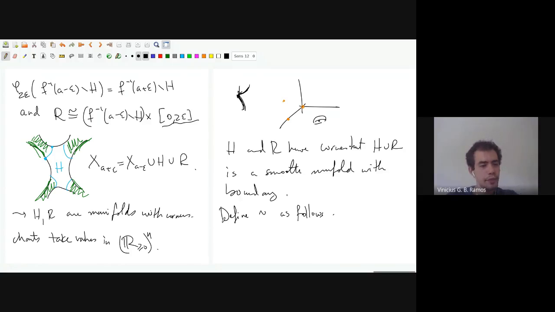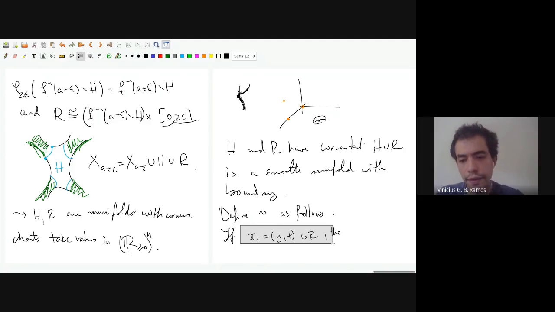So, if x equals y, t in R, okay, sorry. I'm going to define it like this.